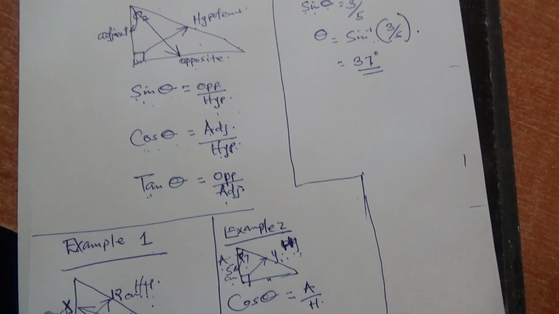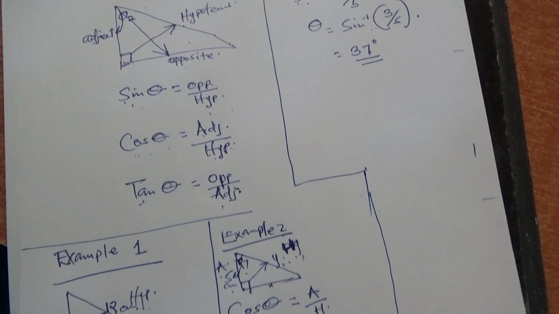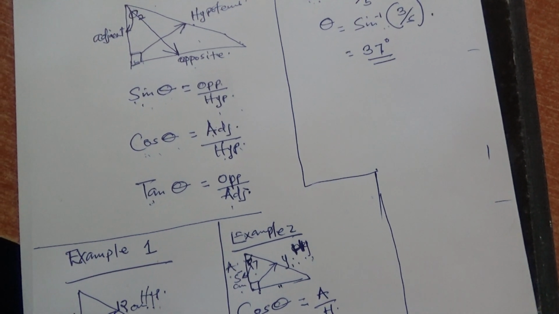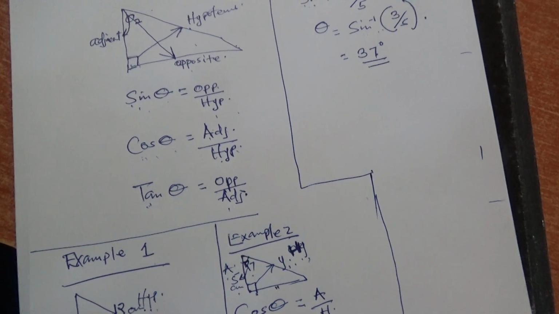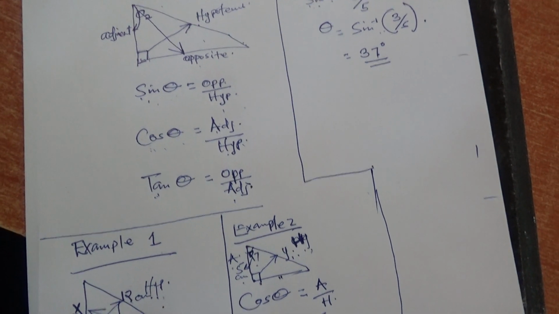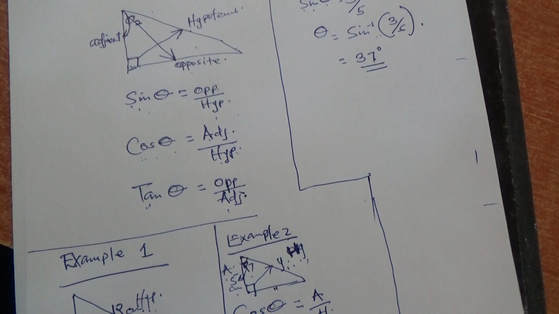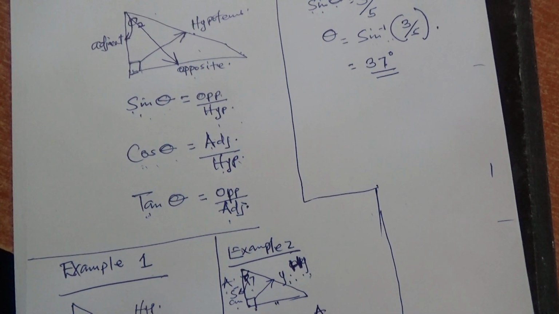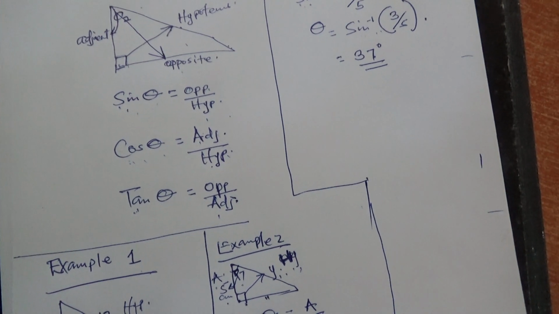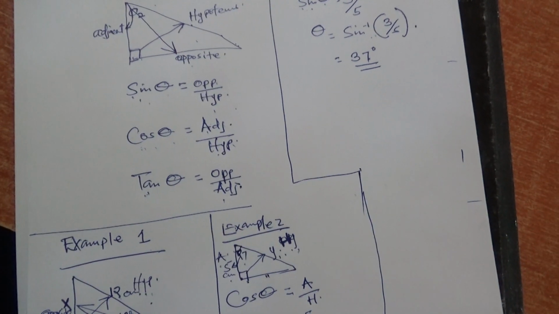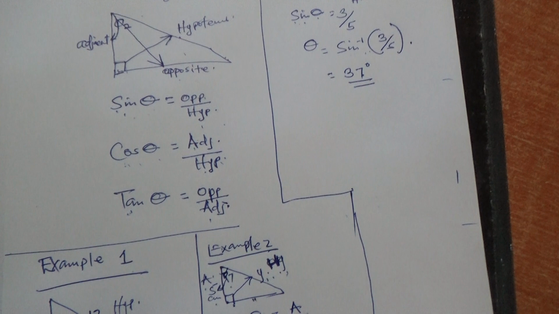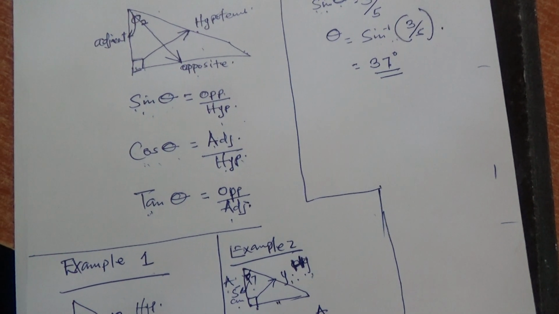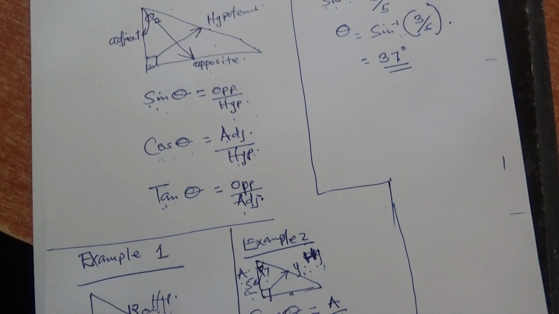And I said trigonometric ratios can be used to identify sides of a right angled triangle that have not been given, if you are given an angle and another side. And I've also said that it can be used to identify the size of an angle when we have sides of this right angled triangle given.